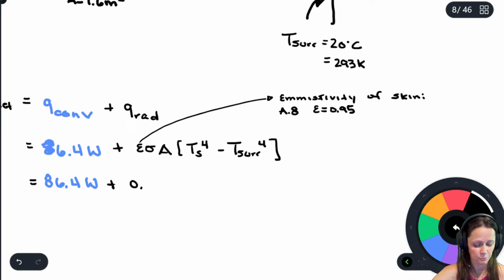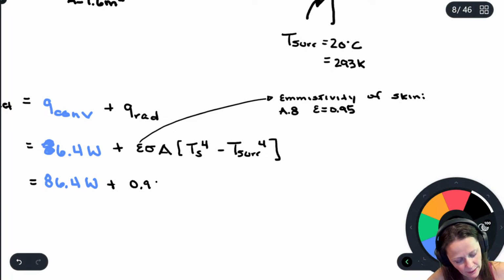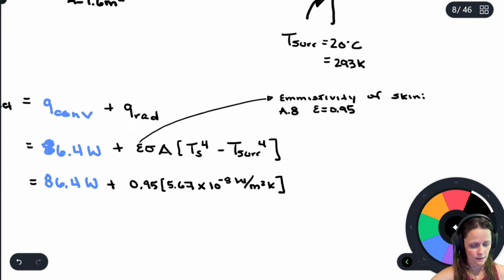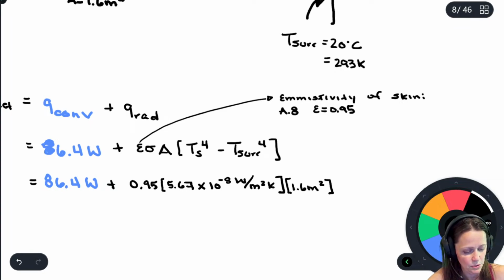So in table A8, the emissivity of skin is 0.95. So there we go. All right, so 0.95, and then we've got the Stefan-Boltzmann constant, 5.67 times 10 to the negative 8 watts per meter squared Kelvin to the fourth. Perfect. And then we've got the area, so 1.6 meters squared, area of the person.